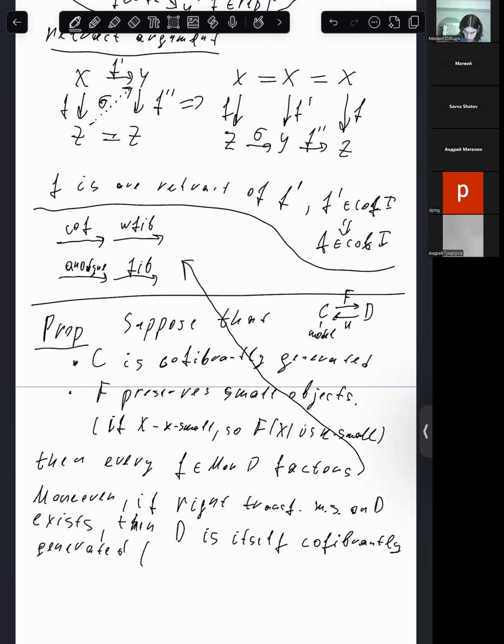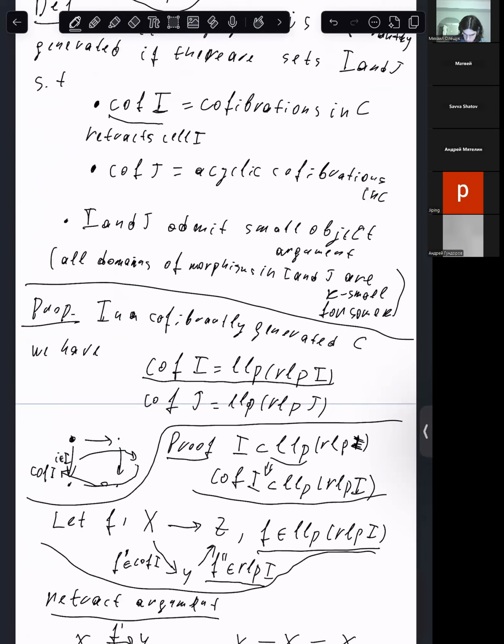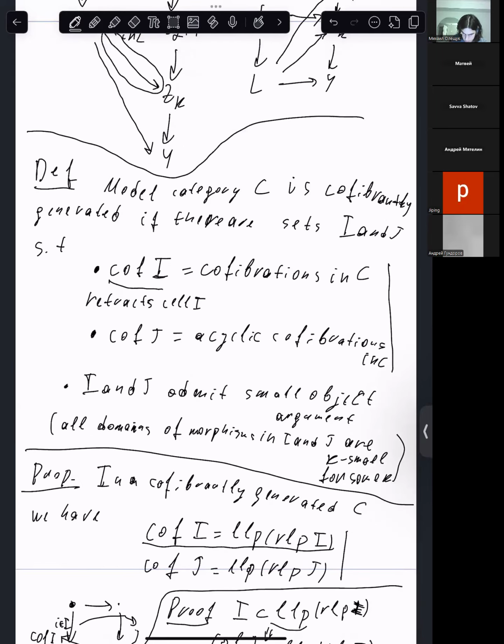And for a set of generators, we can take F of I and F of J, if I and J are generators in C. Well, I've forgotten what exactly is I and what is J. I is the class of generating cofibrations, and J is the class of generating acyclic cofibrations. Yes. Okay.